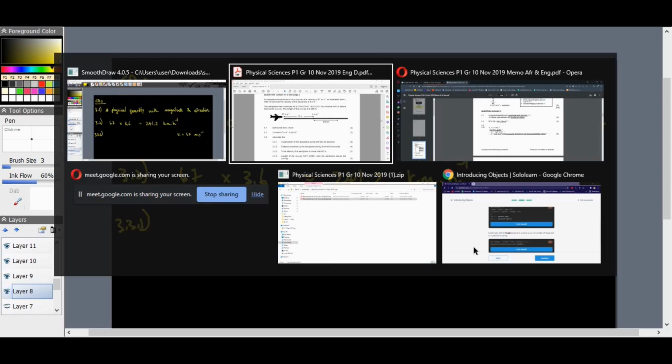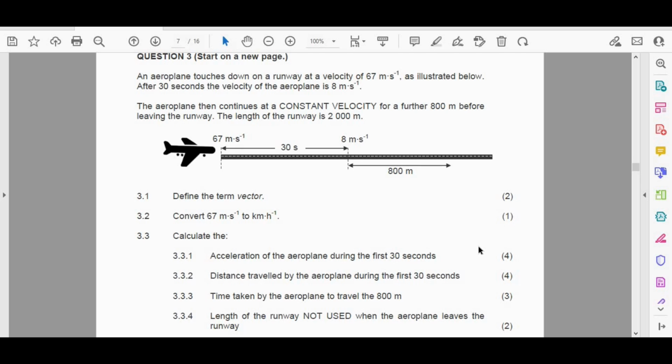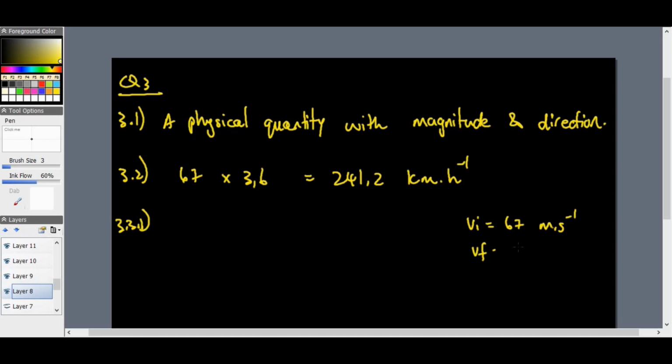After 30 seconds, the velocity is 8 meters per second, so VF is 8 meters per second. The time is equal to 30 seconds, and we want to find the acceleration of the airplane.